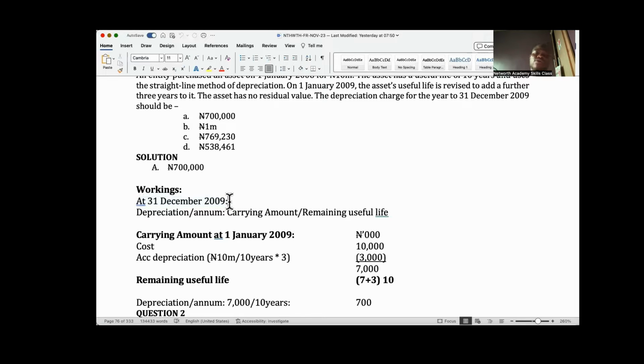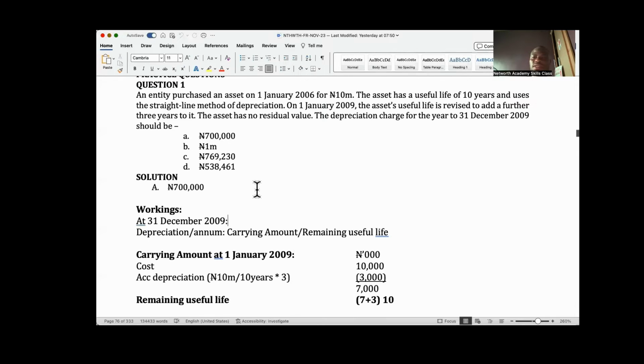Whenever there's a change, maybe in the useful life or the residual value, for you to calculate depreciation going forward you have to get a new depreciable amount, which is the carrying amount at the date where that change happened.